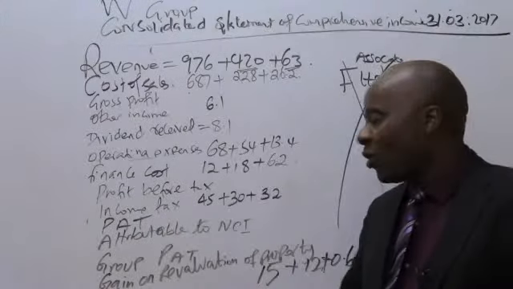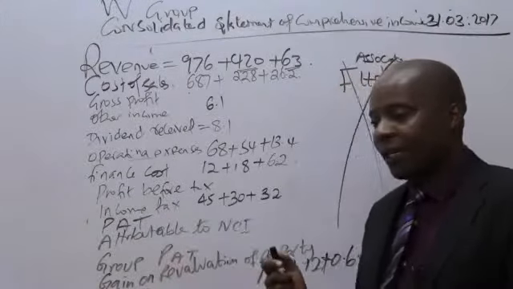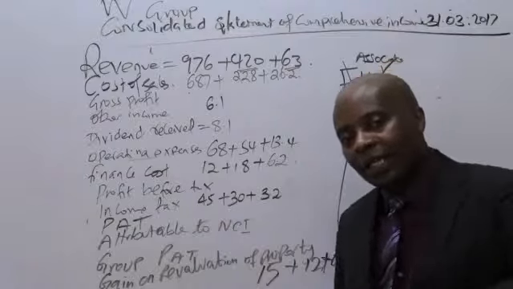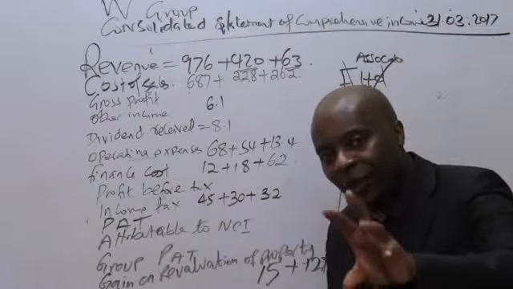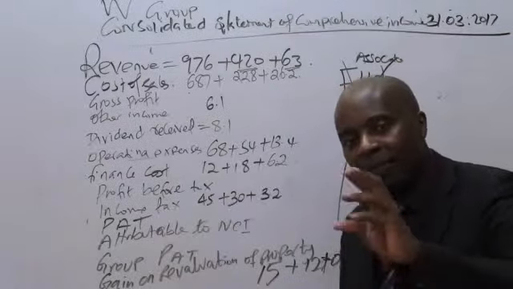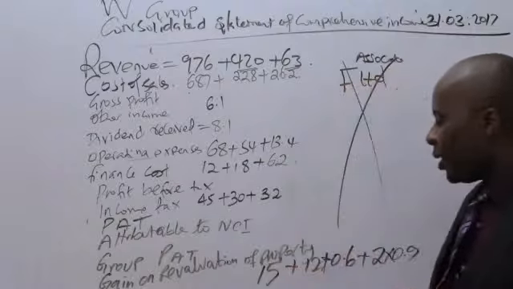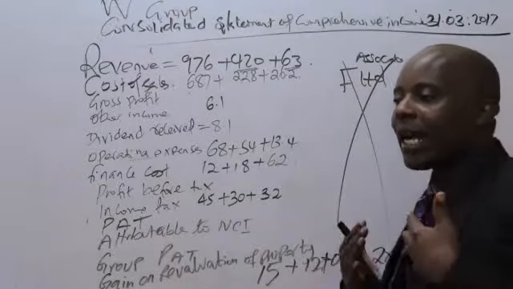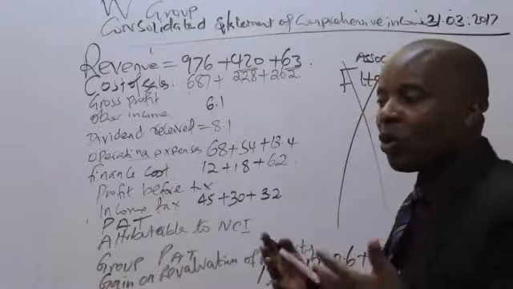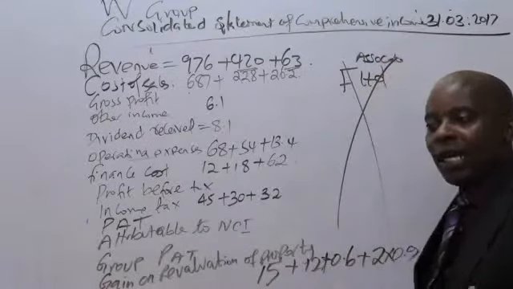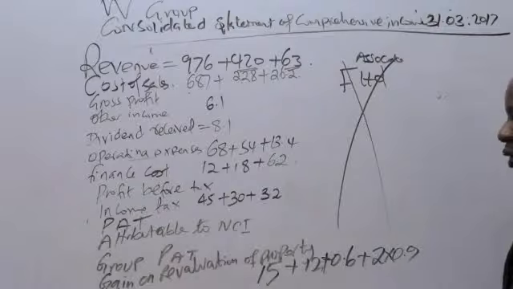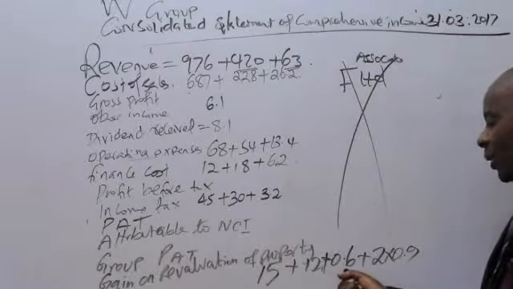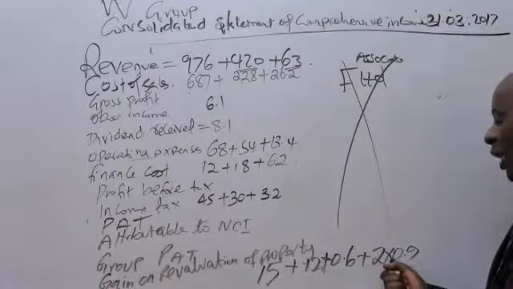Like now we have a revaluation gain. Take the parent figure the way it is. You don't apportion it at all. Plus the first subsidiary's figure, which is 12. But for the subsidiary, we only recognize our percentage only. So plus 12 times 60%, plus in this case 2 times 90%.